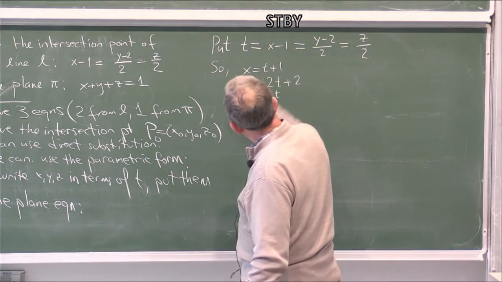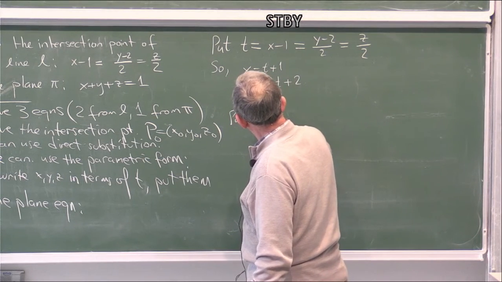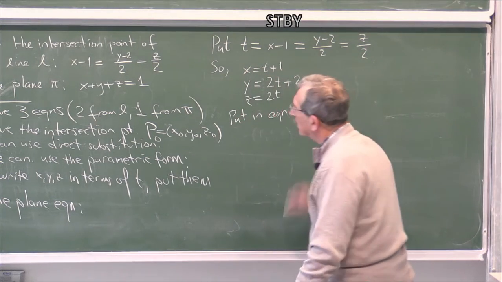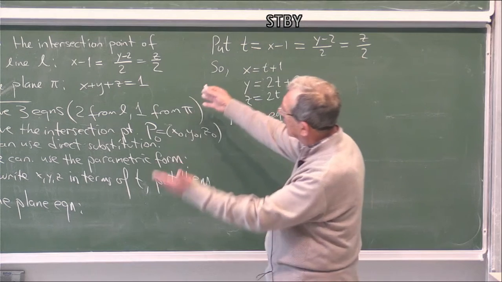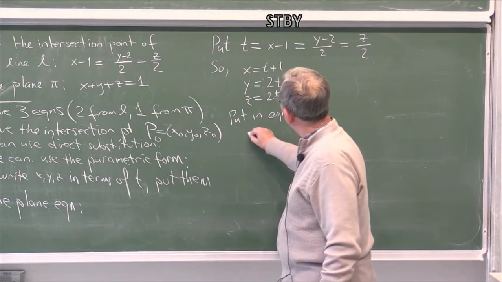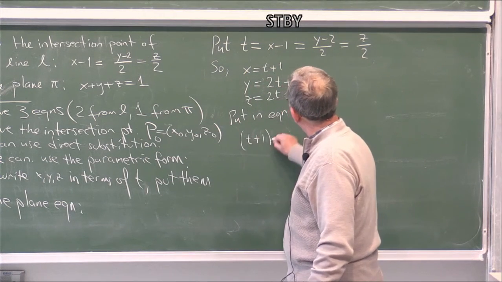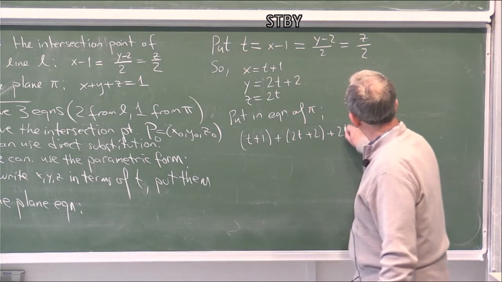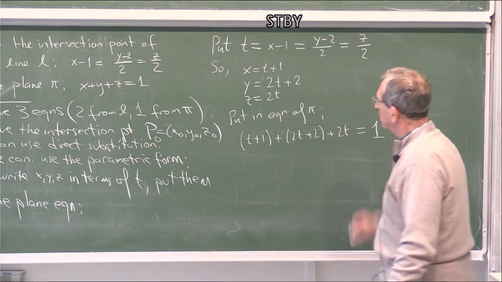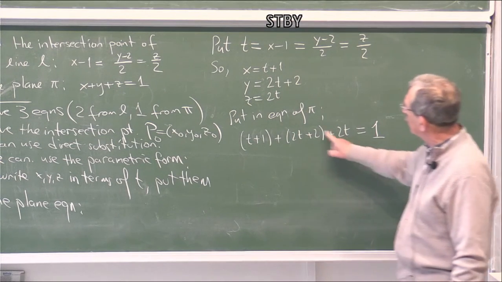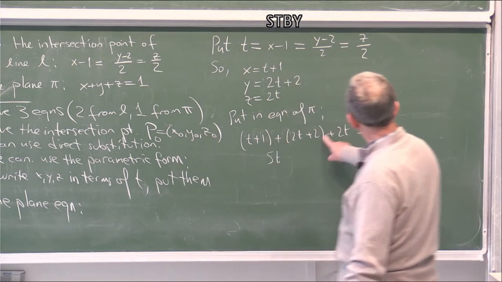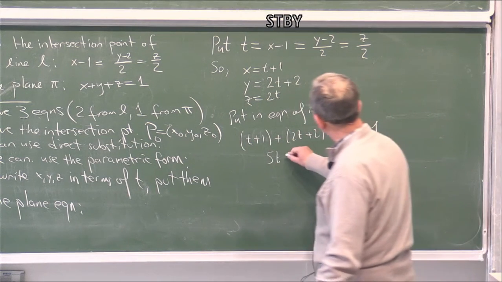And then put them in the equation of pi. That means you add x plus y plus z. So it is t plus 1 plus 2t plus 2 plus 2t, and that's equal to 1. Which says, of course, that you have 5t, and you have 1 plus 2, which is 3.